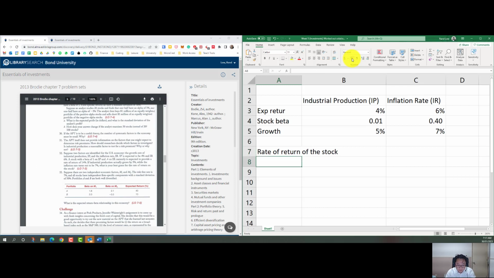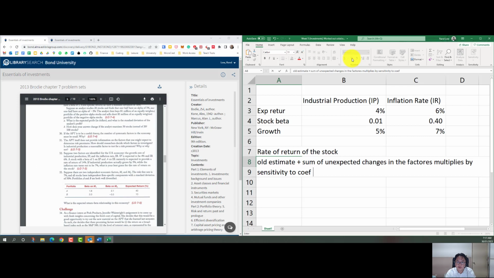The formula is really going to be the old estimate plus the sum of unexpected changes in the factors multiplied by the sensitivity coefficients. So we have beta IP multiplied by the unexpected change.